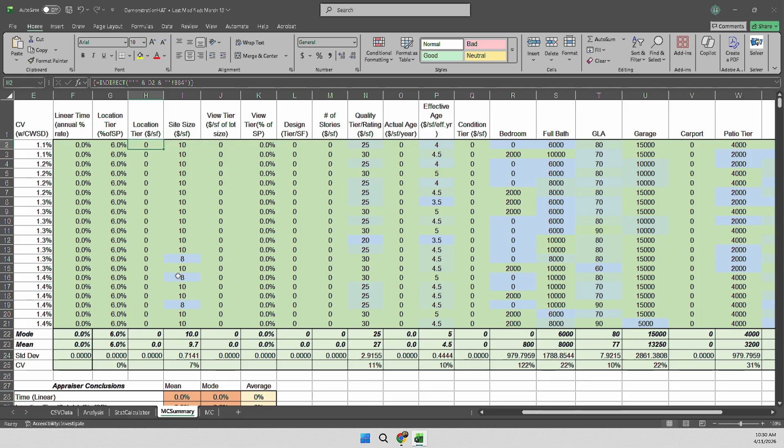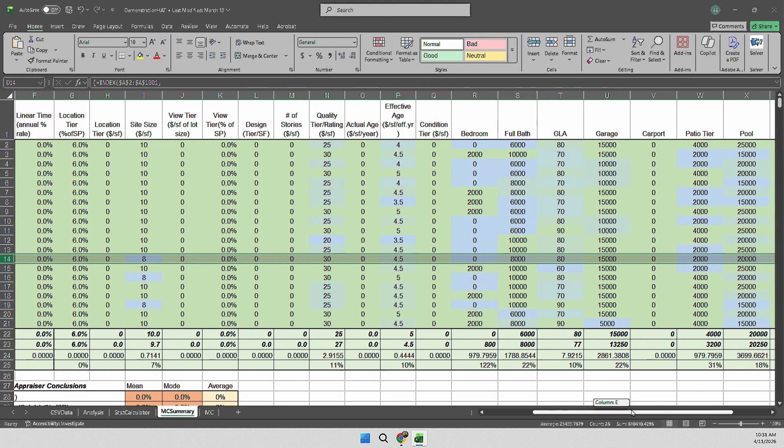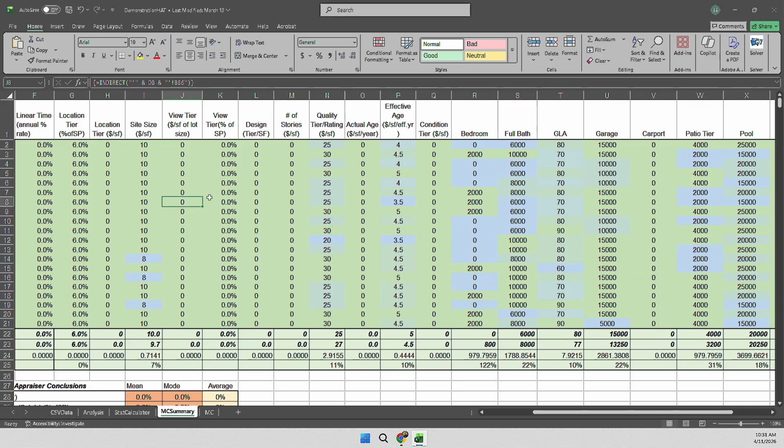It doesn't mean, oh, 10's the best adjustment. Well, 10's only the best adjustment for site size in the context of the other adjustments. So here, 8, if I'm looking at this adjustment set, 8 is the best possible adjustment for site size given all of the other adjustments. So we need to keep that in mind.